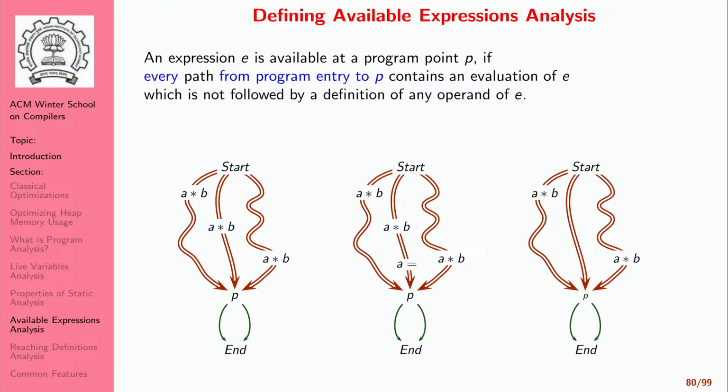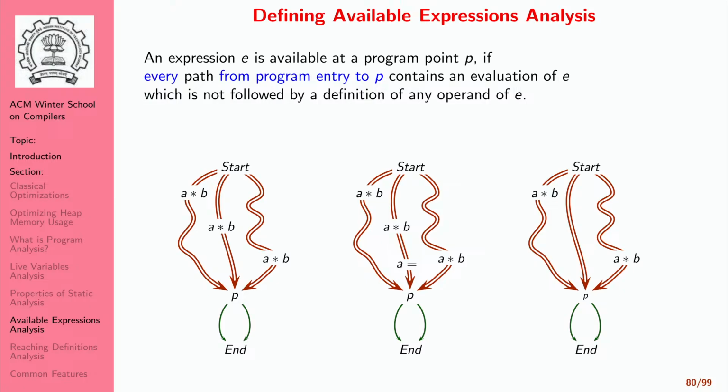So like live variables analysis, availability of an expression is also a property that is specific to a control flow point. An expression may be available here, may not be available here, may be available somewhere else. So this is also a flow sensitive analysis. So that's a parallel.